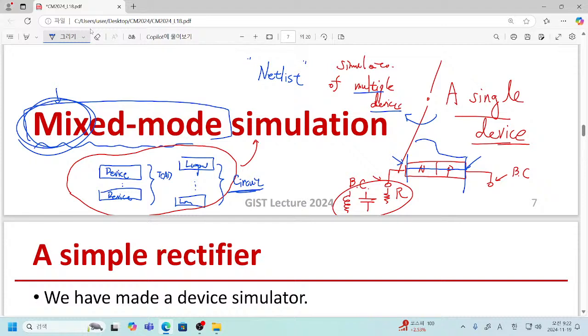Nowadays, this kind of capability is just regarded as granted, quite natural, and of course our device simulation should consider that kind of mixture of devices and circuit elements. But please remember the historical development. We started from just a simulation of one single device with 1D structure.